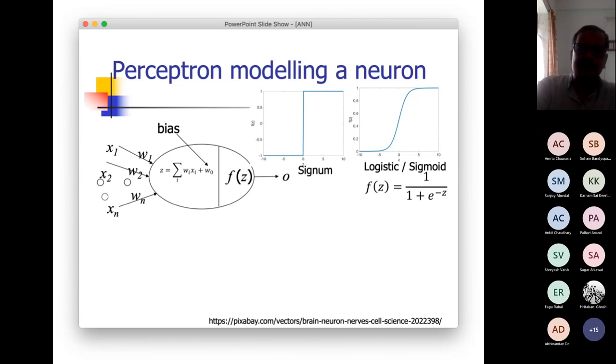So you get that summation, which is the computation of the linear function.